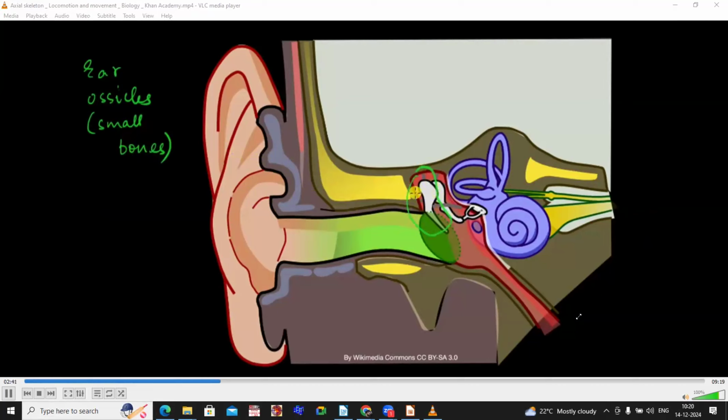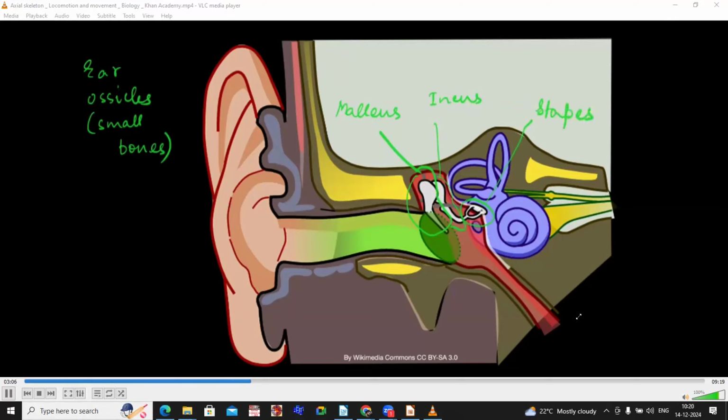This bone right here is called the malleus. It's a hammer-shaped bone. And the next bone, this one right here, is an anvil-shaped bone. And the last one is a stirrup-shaped bone and is called the stapes.